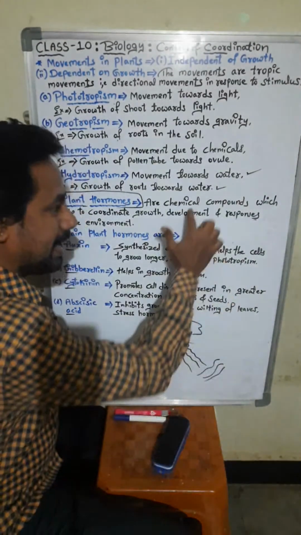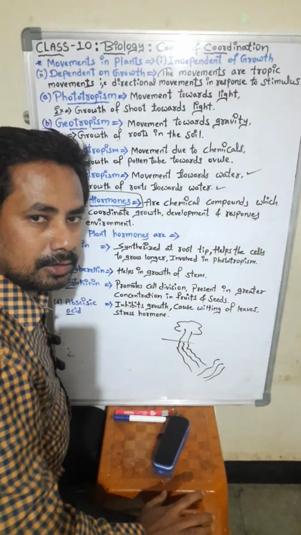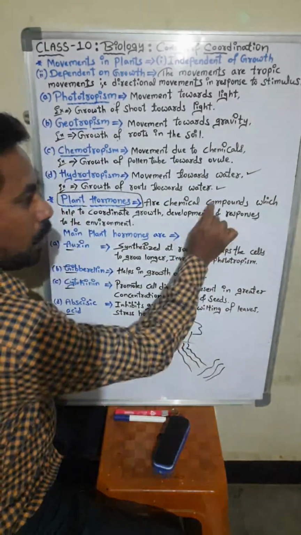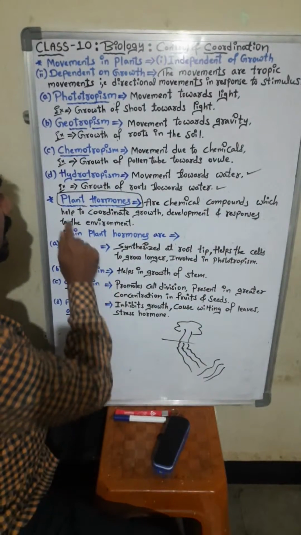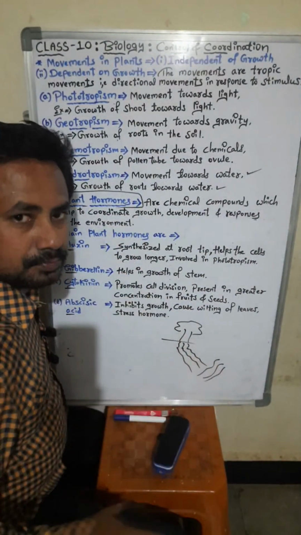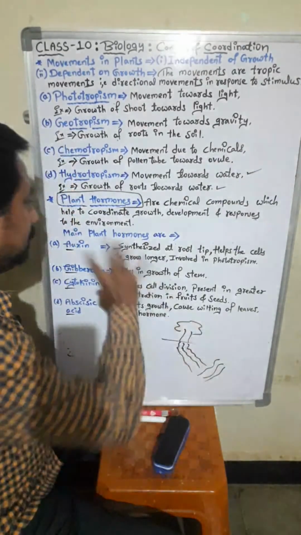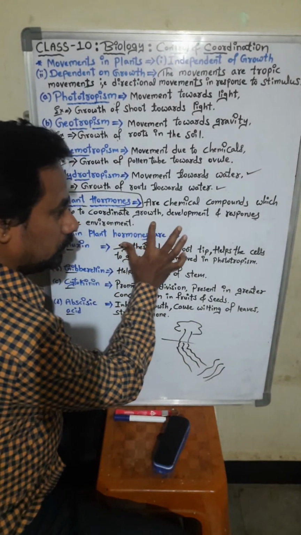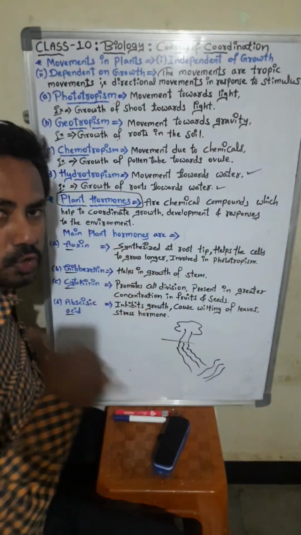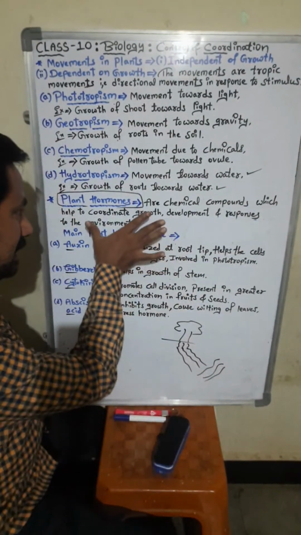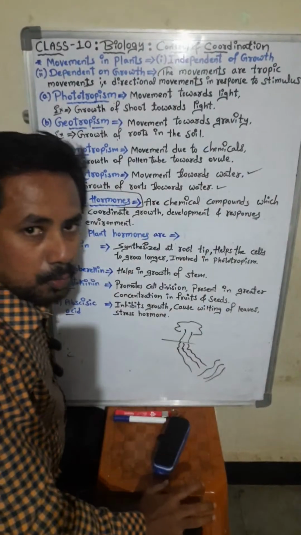Hormones are nothing but chemical compounds. What will those chemicals do, students? Help to coordinate. Control and coordination, chapter name. Help to coordinate what? Growth, development and responses to the environment. This is called the definition of plant hormones.